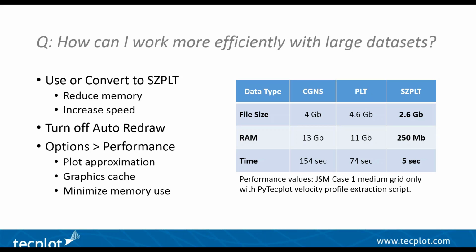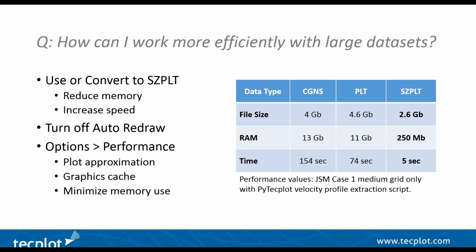So a few more tips to use large data if you're using it interactively. The first tip is if you're seeing graphical slowdowns, turn off auto redraw. That's down in the bottom left corner of the plot sidebar.